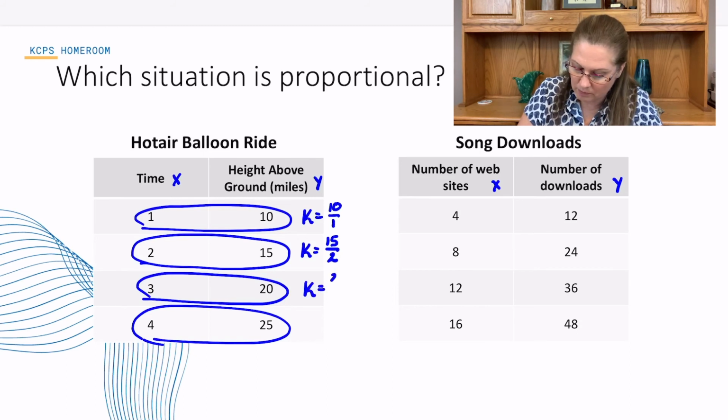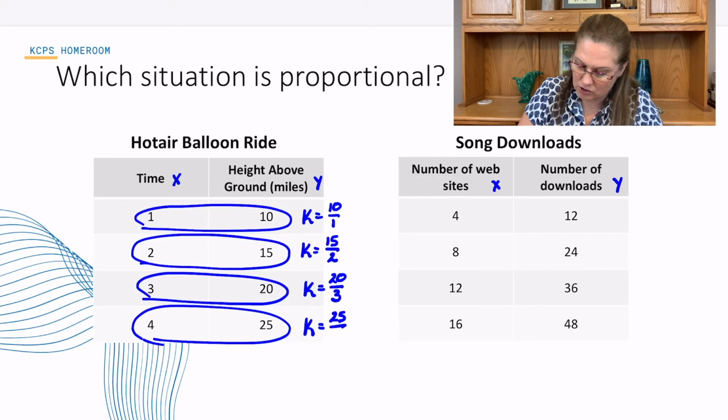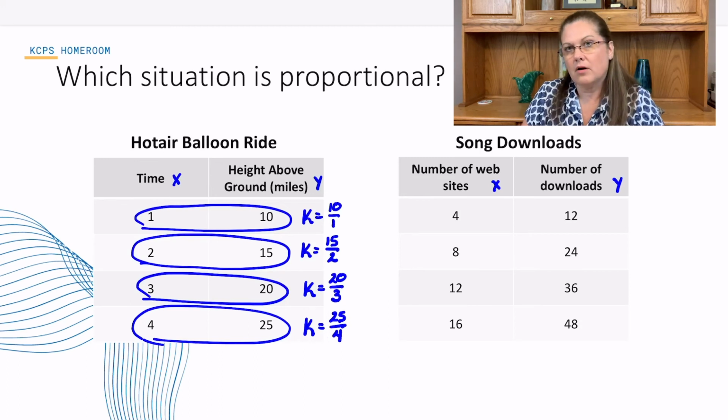Our third ordered pair is 20 over 3, or 20 divided by 3. 3 is also prime, so unless we can divide 20 by 3 evenly, it's already simplified. We can't. And the same, let's do 25 over 4. The only prime factor of 4 is 2. 25 does not have 2 as a factor, so that is simplified as well.